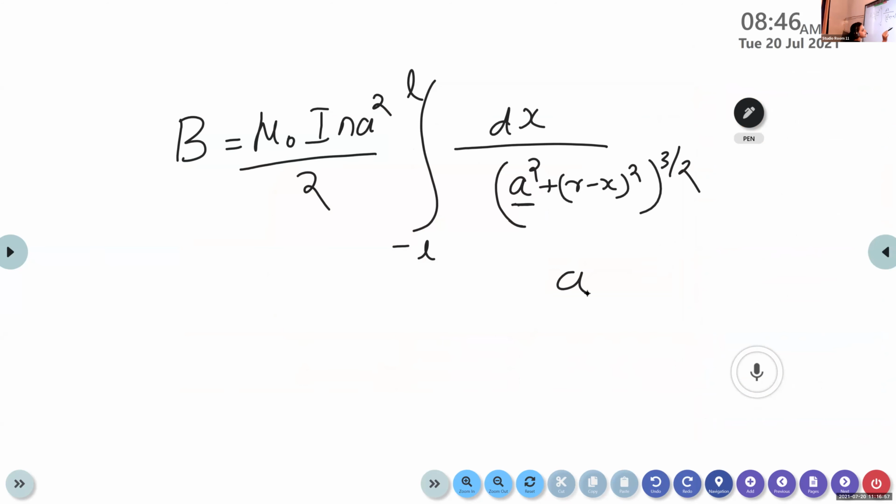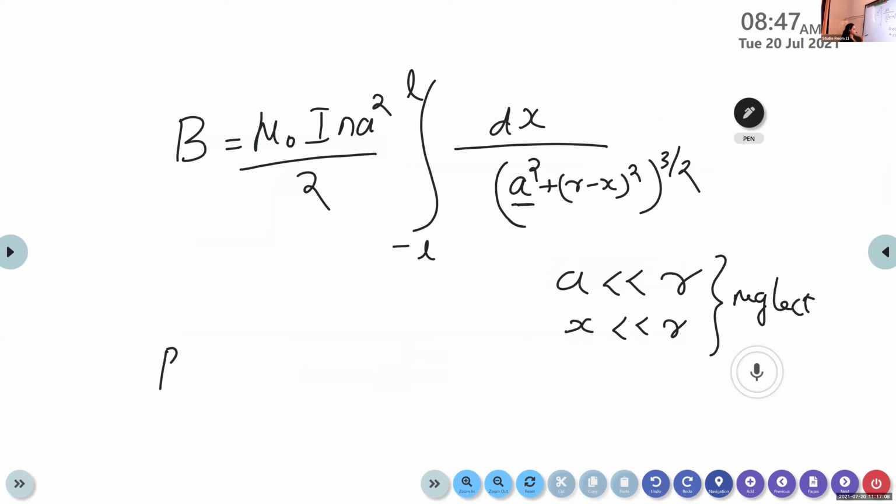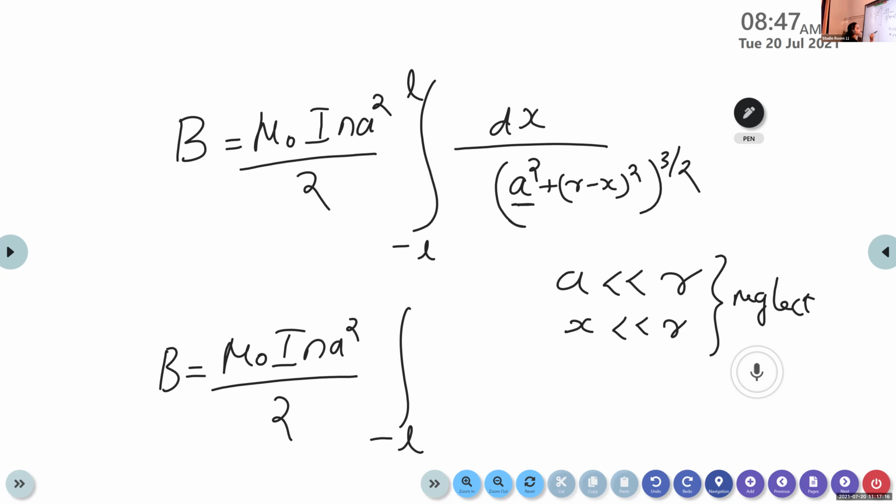here A is very, very much less than R. Similarly, X is very, very much less than R. So we can neglect these terms A and X. So B is equal to mu 0 I n a square divided by 2 into the integral from minus L to plus L of dx divided by r square the whole raised to 3 by 2.